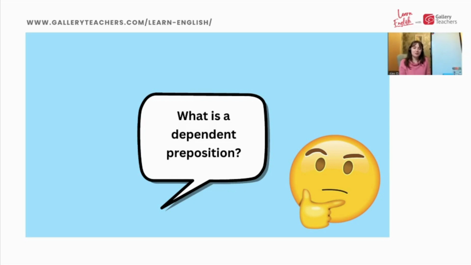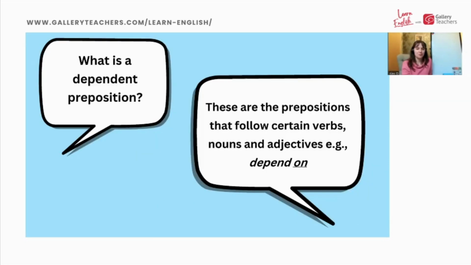But of course, to study and practice dependent prepositions, we need to know what they are. What is a dependent preposition? Well, these are the prepositions that follow certain verbs, nouns, and adjectives. For example, depend on, right?